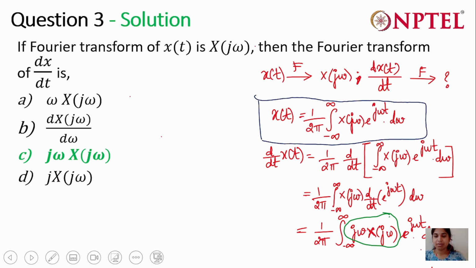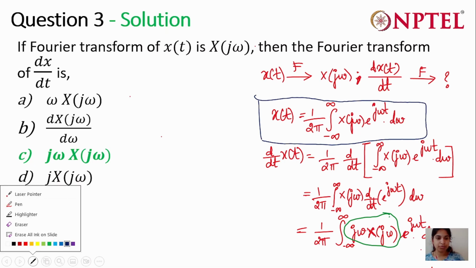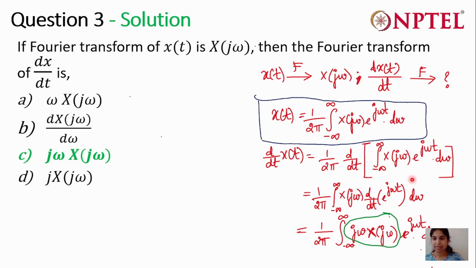So dx by dt is 1 by 2 pi into d by dt of this right side expression. Now this d by dt can be applied only to e power j omega t. So when you differentiate e power j omega t, what do you get? E power j omega t into j omega.